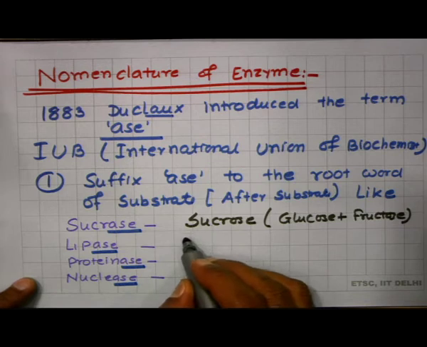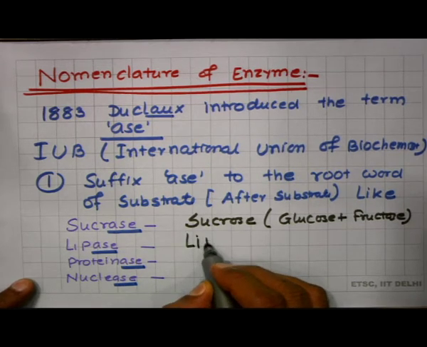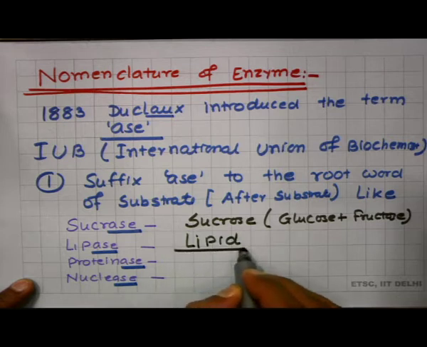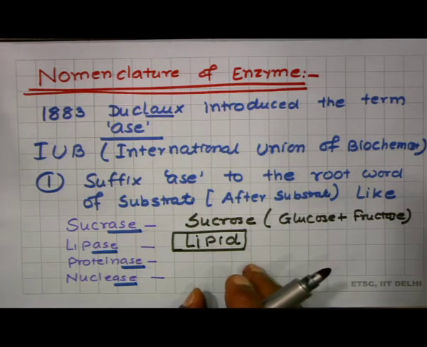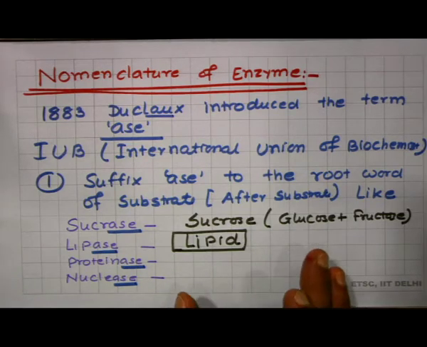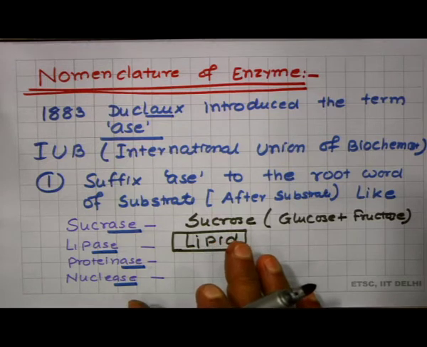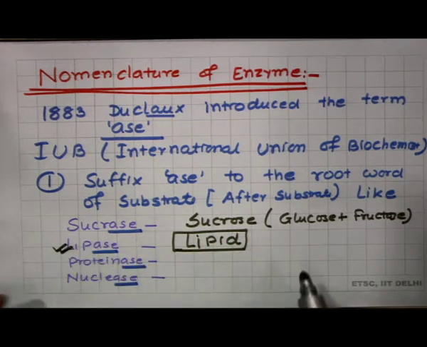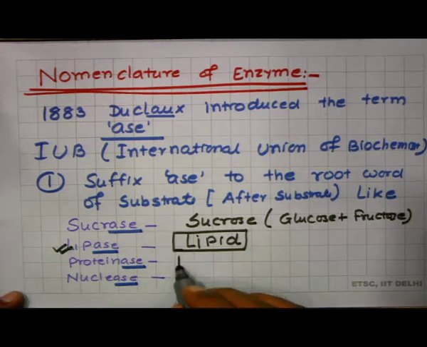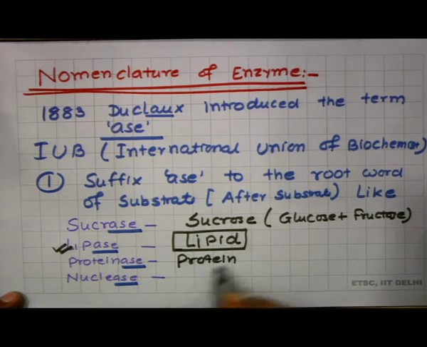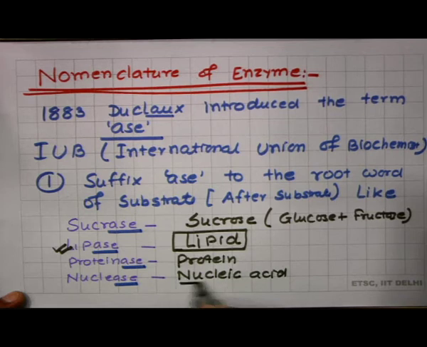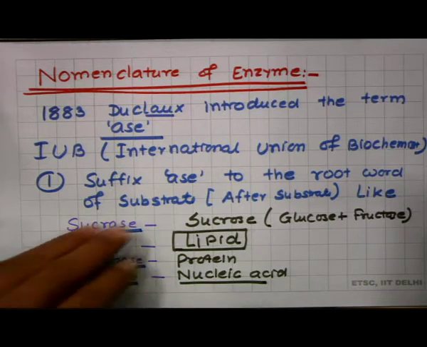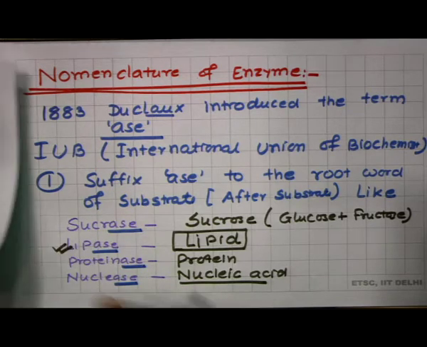Now, lipase, as the term indicates, acts over lipids. We have already seen, at the time of formation of triglyceride, that 3 molecules of fatty acid combine with 1 molecule of glycerol with the help of the enzyme lipase, and the ester bond is formed. Proteinase acts over protein. Nuclease acts over nucleic acid. So, in the nomenclature of enzymes, the suffix ase is added at the end of the substrate.